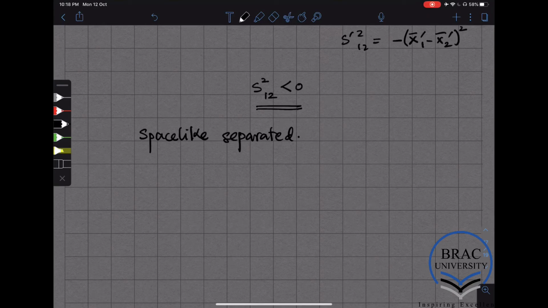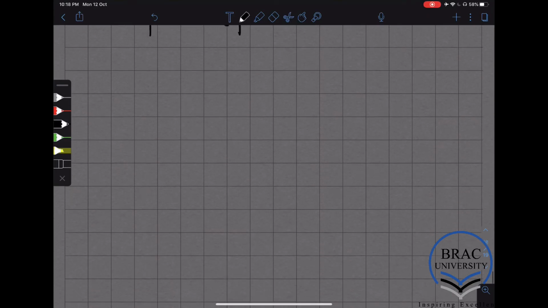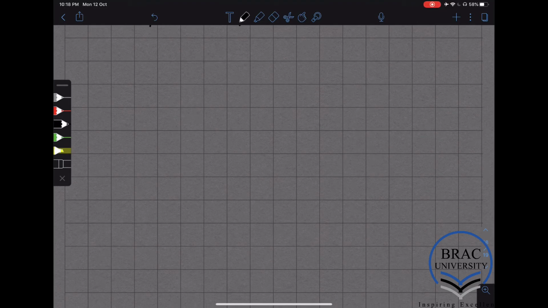So similarly, we can ask, if there are two events, say x1 and x2, is there a reference frame such that they happen at the same spatial points? Their time may be different, but they happen at the same spatial points.